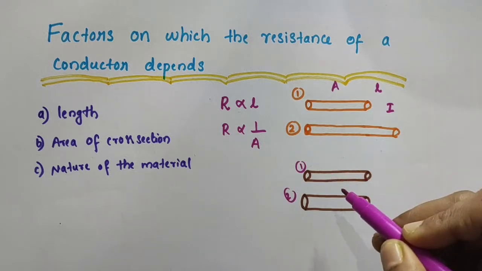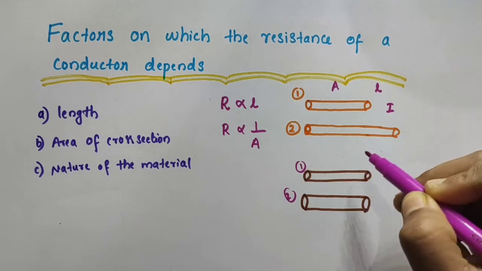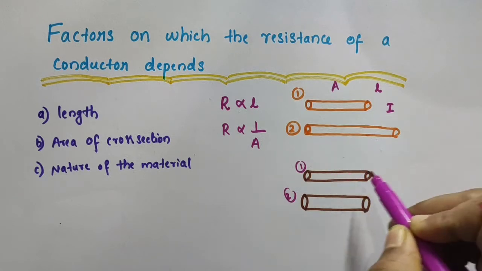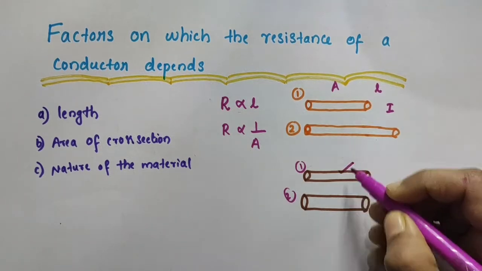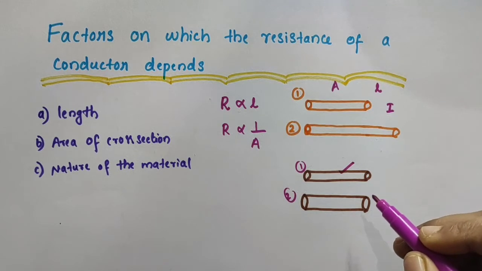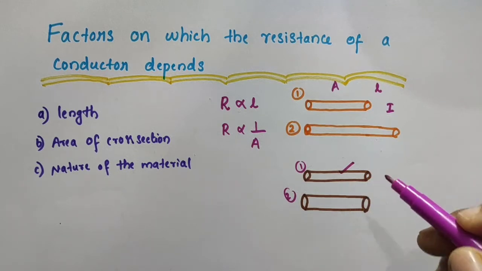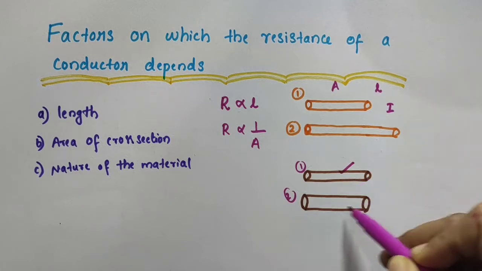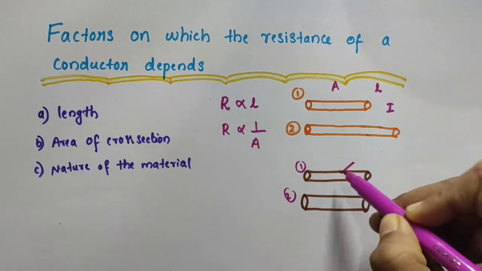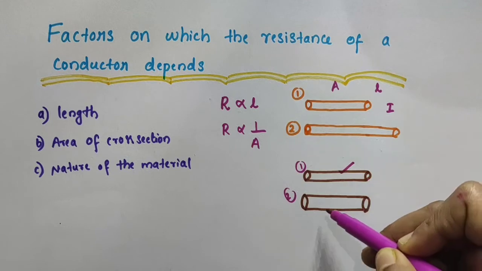Which among these two will provide more resistance if the same current flows through both the conductors? The first one will provide more resistance, no? Why? Because it has less cross-sectional area. This one is thicker than this, so its area of cross-section is less compared to this.